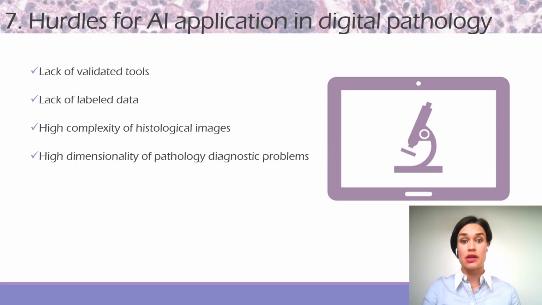The dimensionality of pathology diagnostic problems is also high. And the example that we had, the detection of neoplastic foci in lymph node section, is just one binary problem that was used for the competition, but the dimensionality of primary diagnosis in pathology is a lot higher.